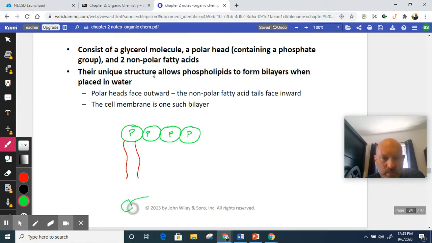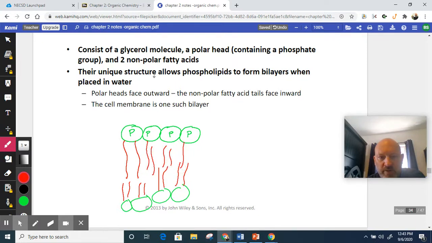Like this. There could be multiple layers of them, right? All right, so each phosphate head has 2 lipid tails associated with it. So this is called a phospholipid bilayer.